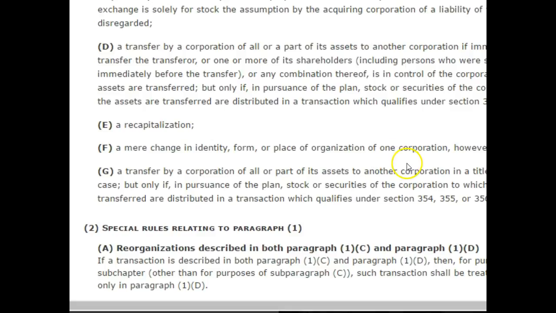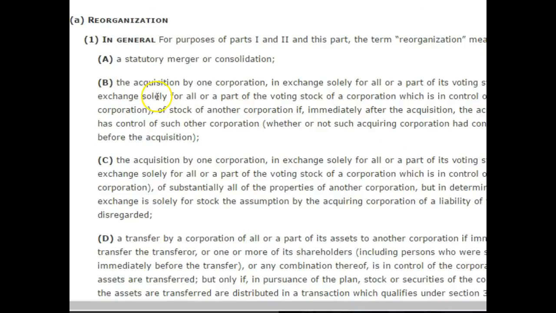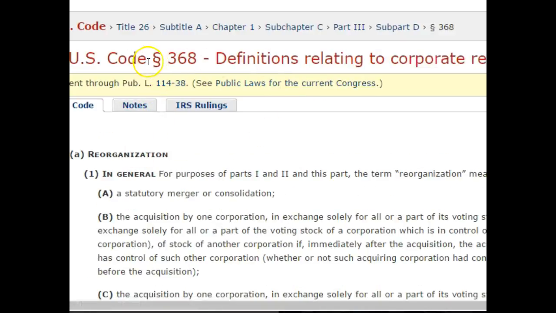And a transfer by a corporation of all or part of its assets to another corporation, but only if pursuant to the plan, the stock or securities of the corporation to which the assets are transferred are distributed in a transaction that qualifies under these code sections. So that's the definition. That's what they're following when they're saying section 368.